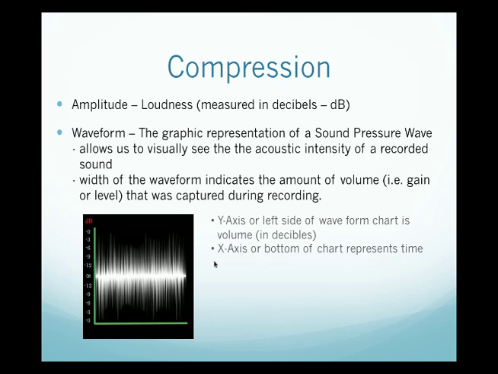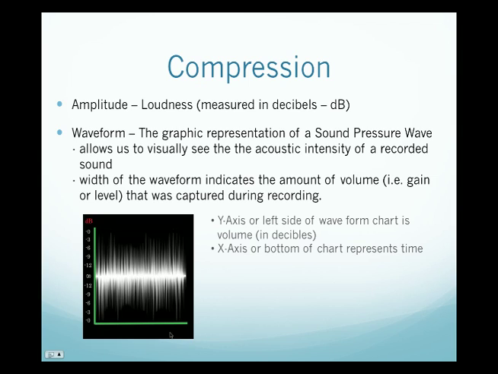The width of that waveform indicates the amount of volume. So as we're recording a track and we're turning that gain up, or that level up, the bigger that waveform gets, it lets us know how loud we're actually capturing that sound during recording. The y-axis of a waveform, or the left side of the waveform chart here, is volume, which is of course measured in decibels.